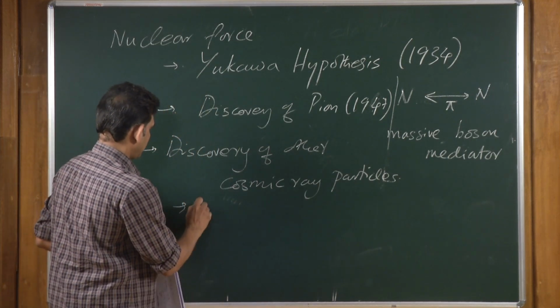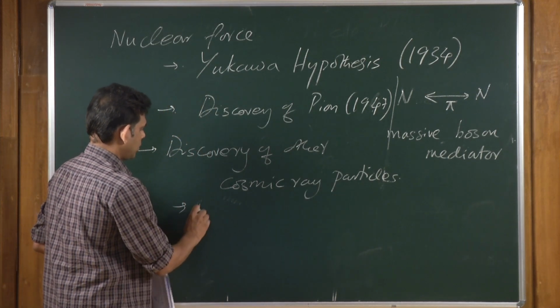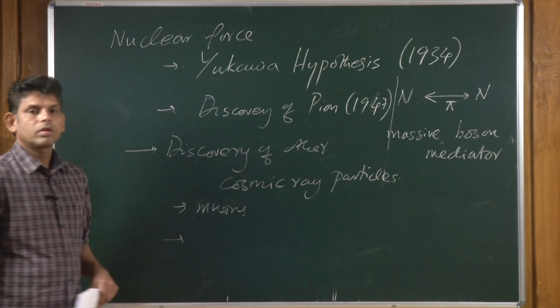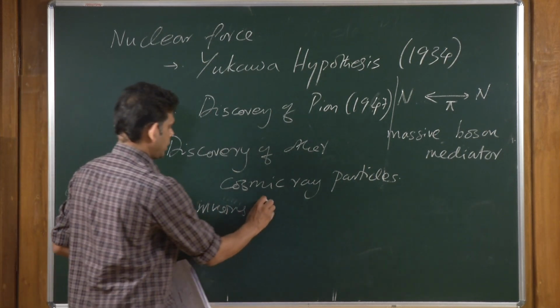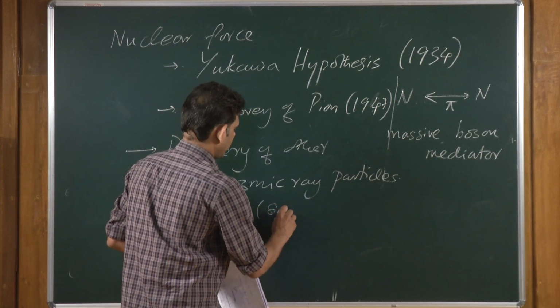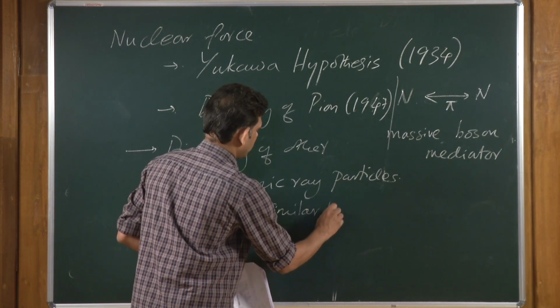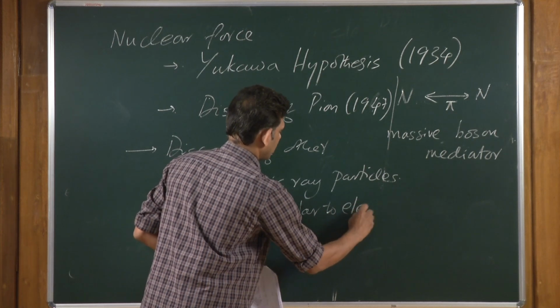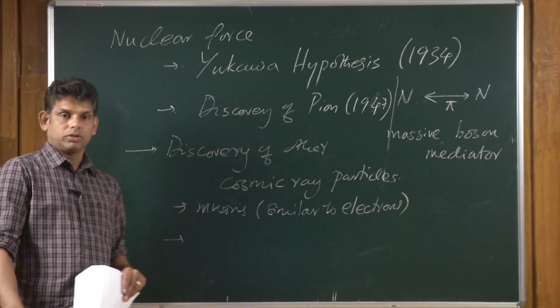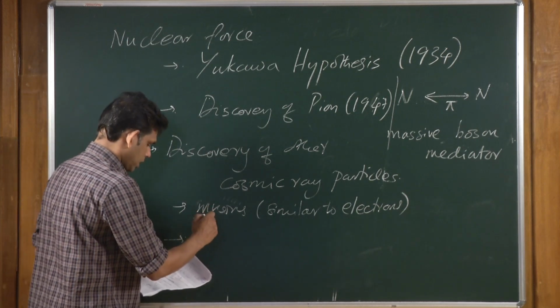Examples are muons. In a very short description, muons are particles similar to electrons, but much heavier than electrons. Then there are other particles.